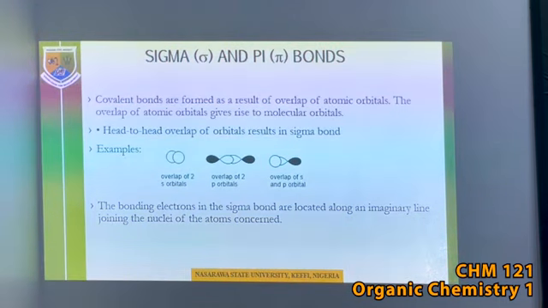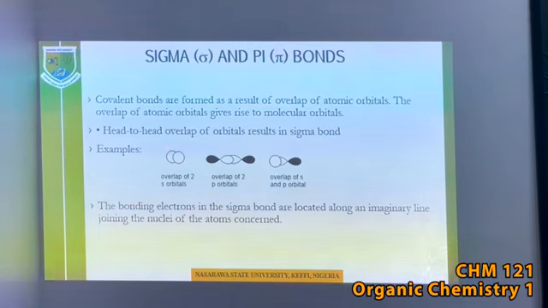Okay? Now, let's just summarize what we have here. From what we've already discussed, covalent bonds are formed as a result of overlap of atomic orbitals, and the atomic orbitals combine to become molecular orbitals. There are two ways in which these orbitals can overlap. Head-to-head overlap of orbitals results in what we call sigma bonds, whereas side-to-side overlap results in what we term pi bonds.